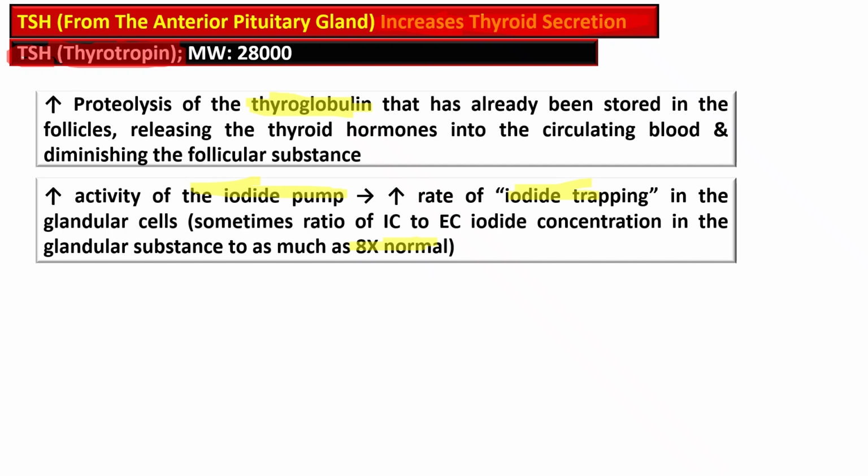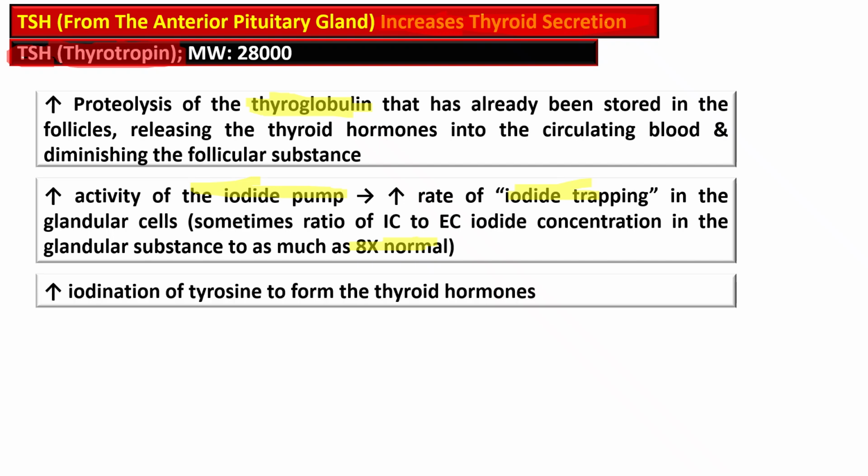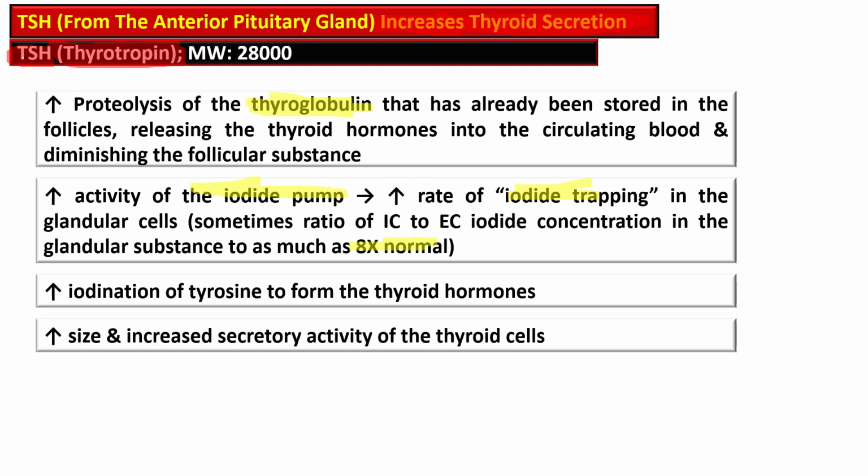It is also responsible for increased iodination of the tyrosine and promotes synthesis of iodinated tyrosine derivatives, that are monoiodotyrosine and diiodotyrosine, which lead to increased T3 and T4 production, and it also increases the size and secretory activity of the thyroid cells.